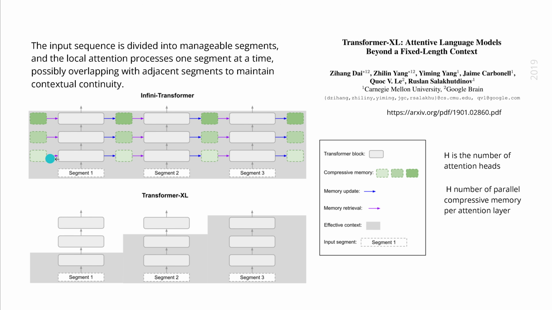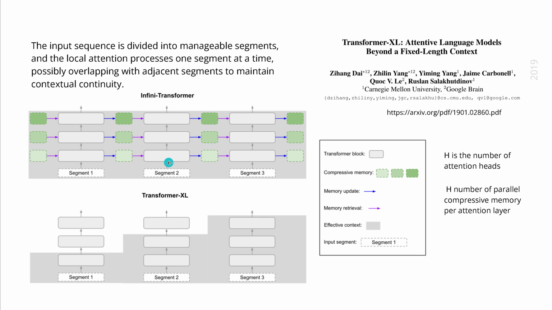So when we start in segment 1, and we have some interesting information, beautiful, we have the key value pairs, and then the blue arrow says memory update. So we update the memory, it is simply a matrix of key value pairs. And when we now analyze the local attention of segment 2, we can retrieve from the memory, the pink arrow, from our memory storage.